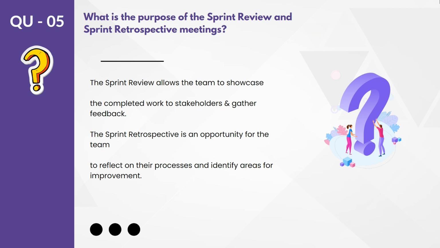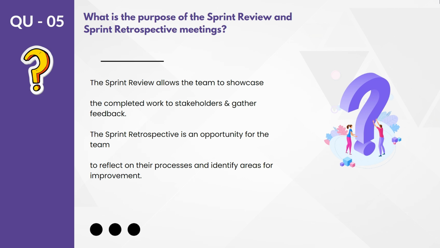Sprint review gives them the opportunity to showcase their work, and then sprint retrospective is an opportunity for the team where they can review their process and look for continuous improvement ideas, like where they can improve the way they are working.